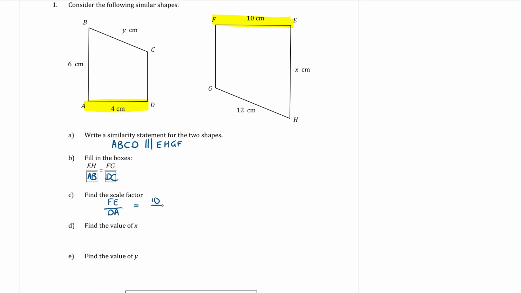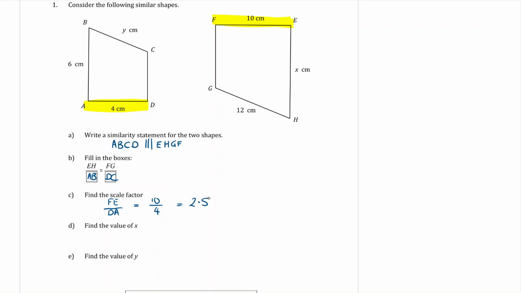FE is 10, DA is 4, 10 divided by 4 is 2.5. That means that that second quadrilateral is 2.5 times as big as the first one. Remember, they're not to scale.